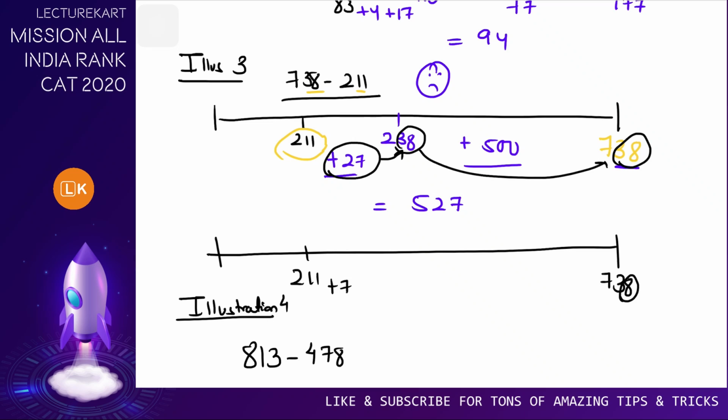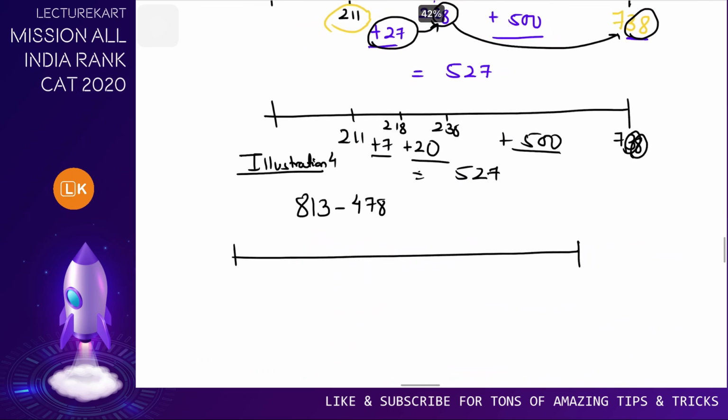Try and match the units place first. That will get us to a point which will be 218. Then again add 20, which will get us to the tens place. That will be 238. And then we know plus 500. So 500 plus 20 plus 7, that will give us 527. Again, I can teach you the tricks. The implementation is your choice. How smartly you can do that.